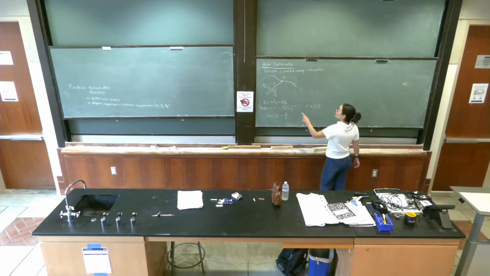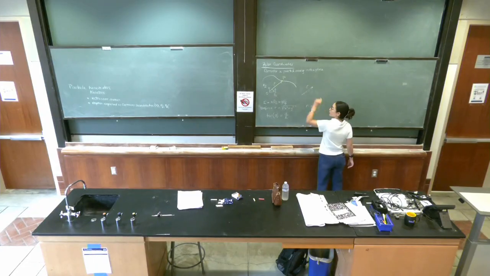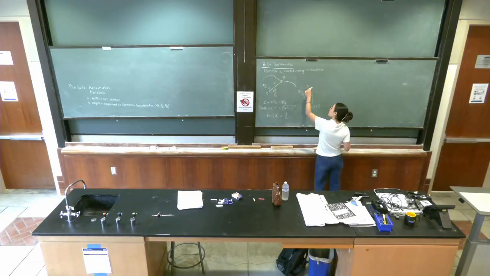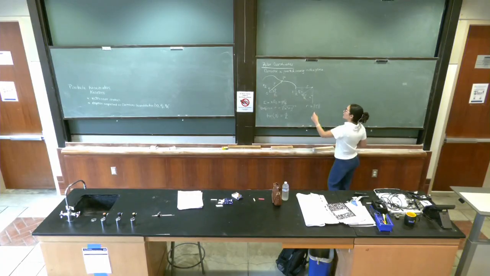Why? Because if I draw my position vector R, I'll draw it on the side, ex, ey. What is this distance? It's x, right? Because R is x ex plus y ey. And this distance here is y. This is a right triangle whose sides are x and y.